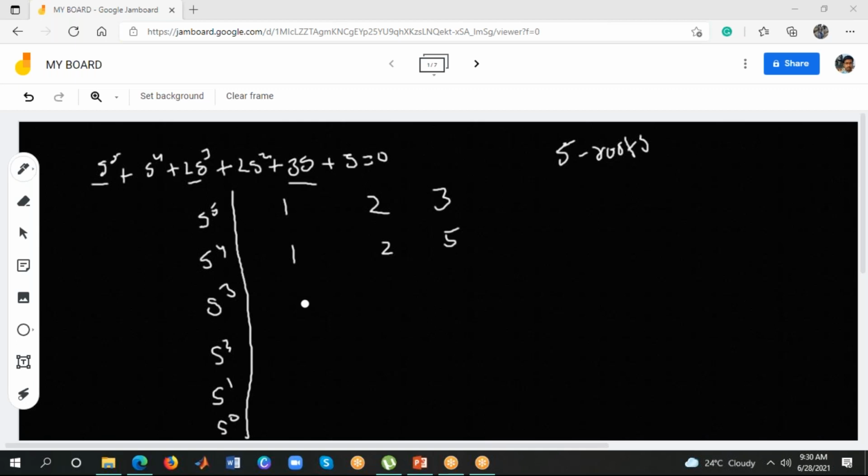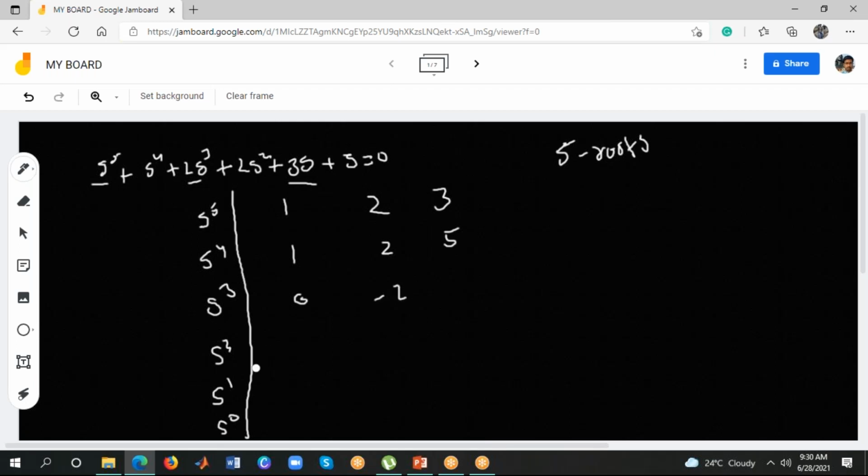Zero. Next, 2 threes are 6 minus 2 fives are 10, divided by 1, so you will get minus 4 over... so minus 2 you'll get here.